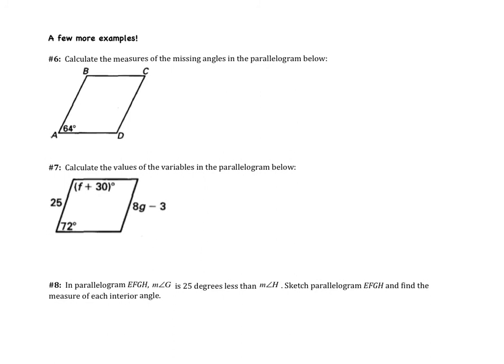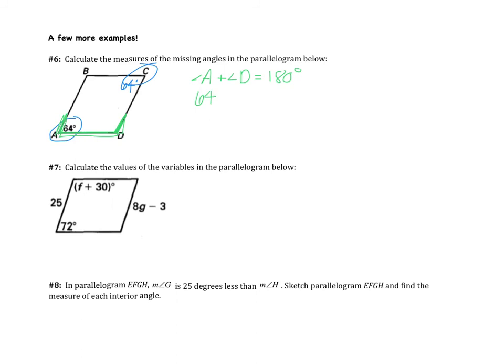Looking at it, calculate the measures of the missing angles. Well, already we know it's a parallelogram. So this angle is going to be the same as this one. So angle C is 64 degrees because opposite angles are congruent. We also know that angle A and angle D are consecutive interior, which means angle A plus angle D would equal 180 degrees.